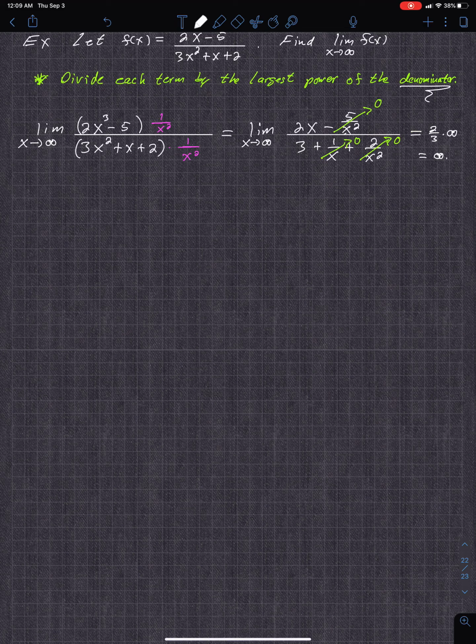So, okay, let's try another one. So next example, suppose you had the limit of 3x to the 4th plus 5x minus 8 over 2x to the 4th minus 8x squared plus 2x minus 1 as x approaches infinity.